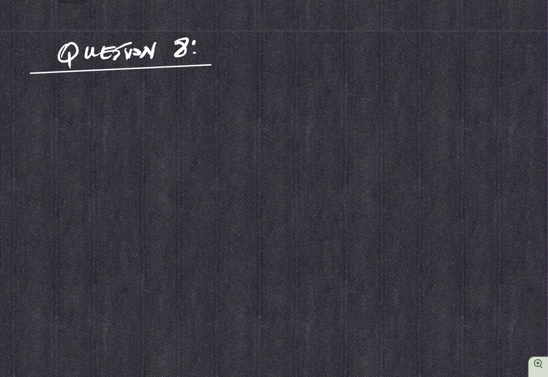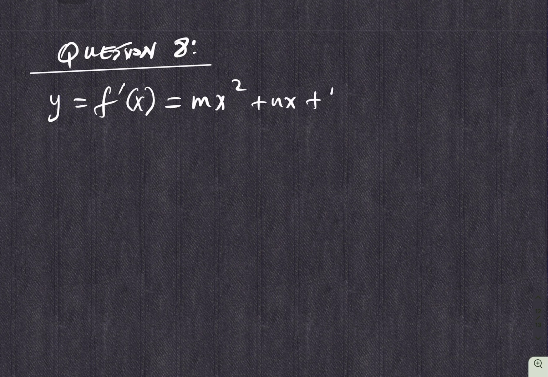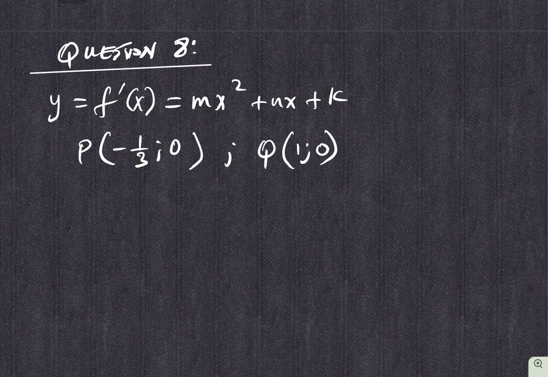Let me just write what you are given in question 8. You are given y equals f prime of x, and that is equal to mx squared plus nx plus k. You're also given the point P, which was -1/3 and 0, and Q was given as 1 and 0, and R is 0 and 1.